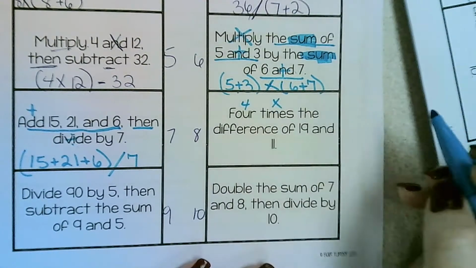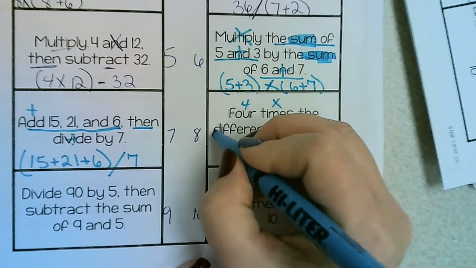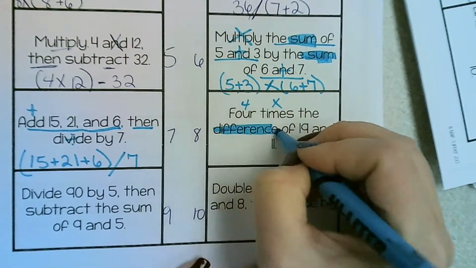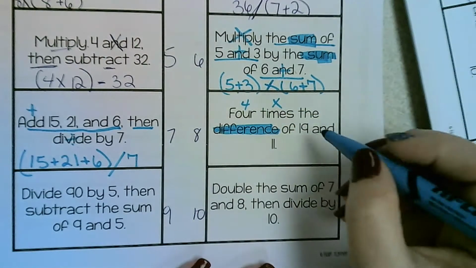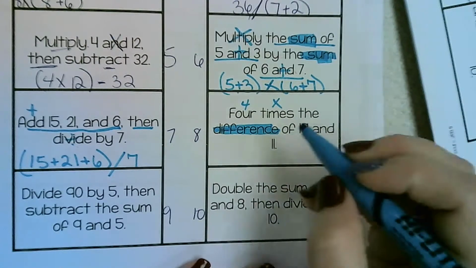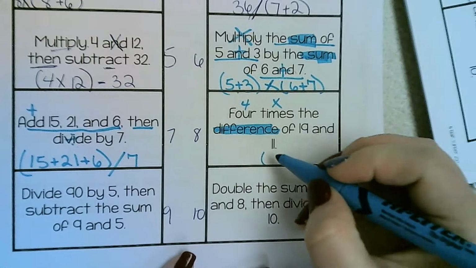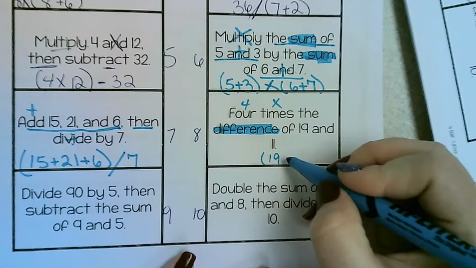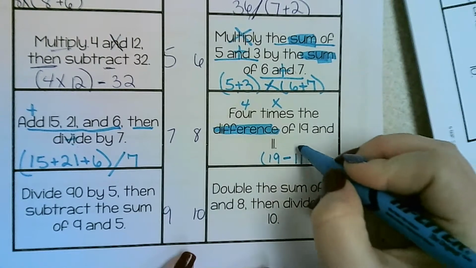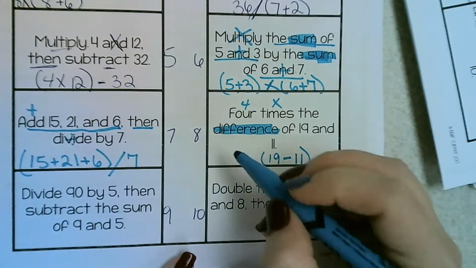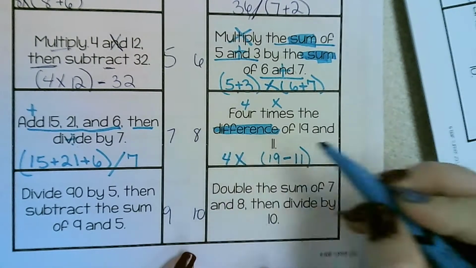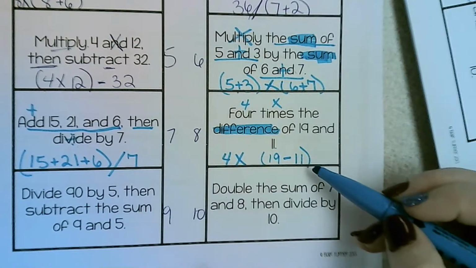Okay, here. 4 times the difference. So this is the answer to a subtraction problem. So the difference of 19 and 11, so 19 minus 11, that has to be done. So 4 times the difference, right?